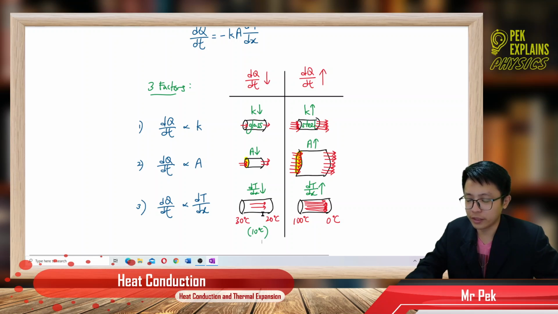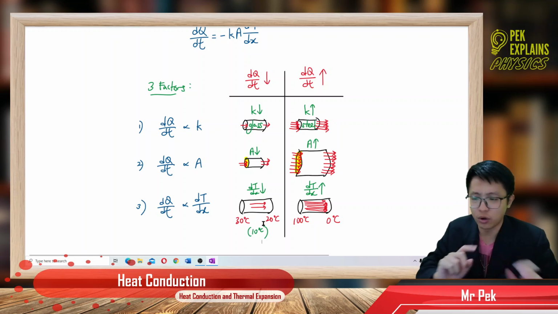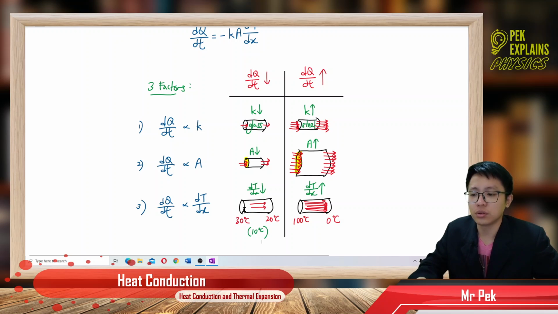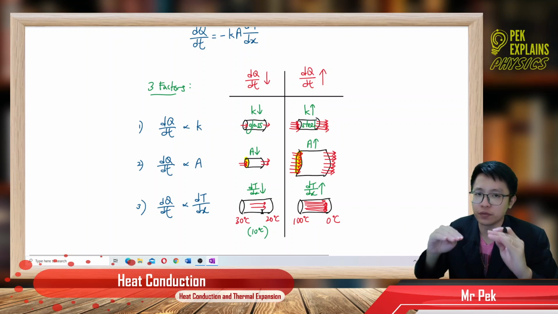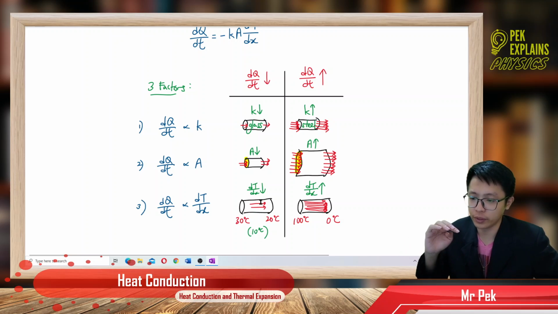So when the difference in temperature is very small, 10 degrees Celsius, less heat will flow from the high temperature to the low temperature. When the difference in temperature is very small, less heat is flowing.